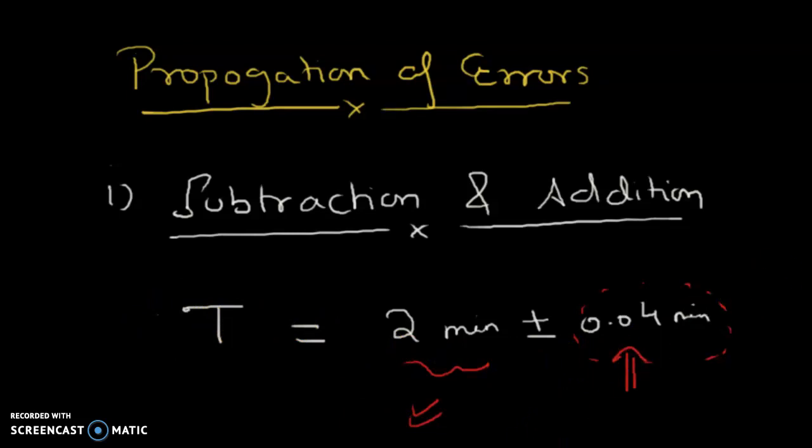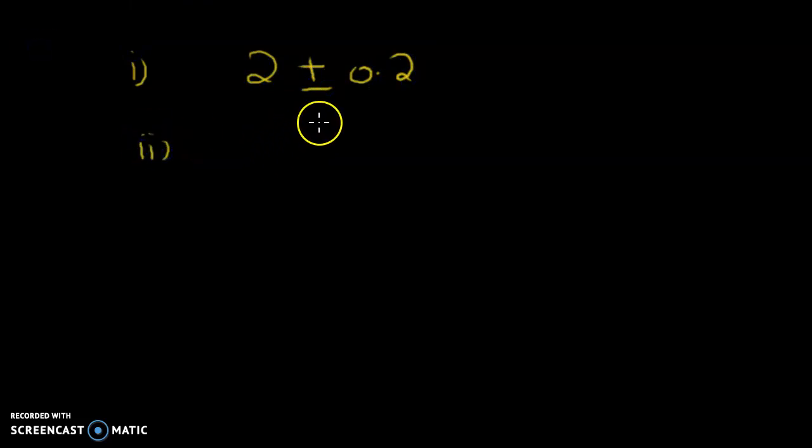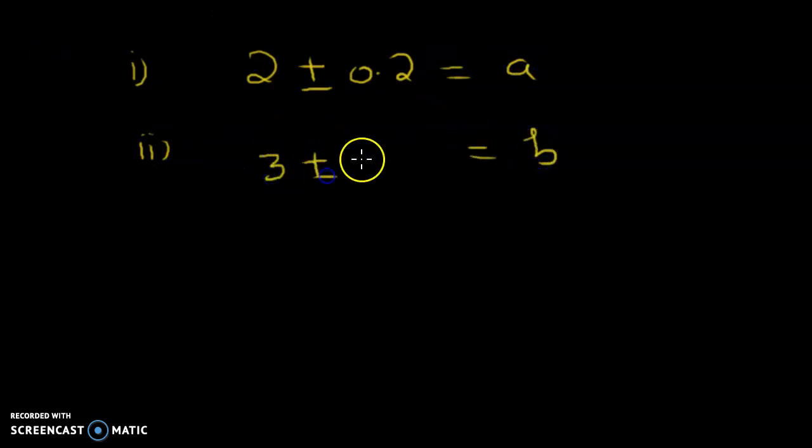So if there are two readings, say for example one reading A is 2 plus minus 0.2, and another reading B is 3 plus minus 0.3. What would be A plus B?